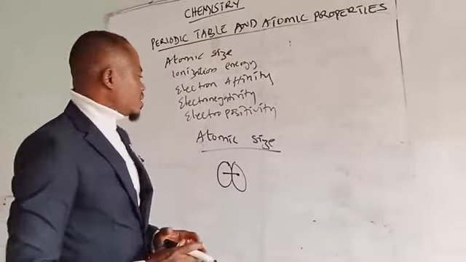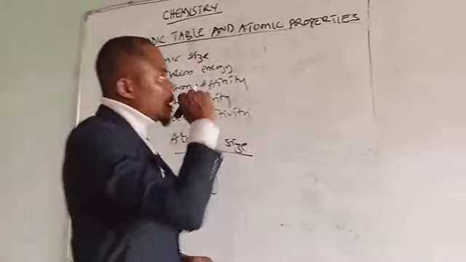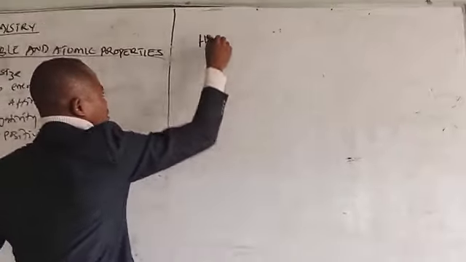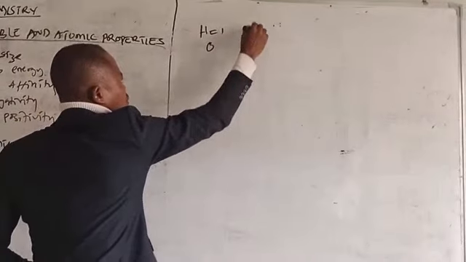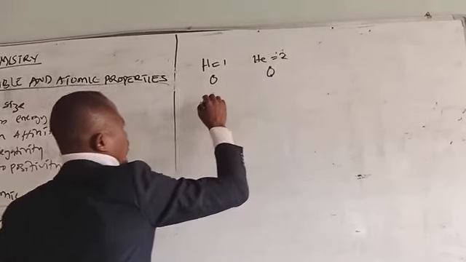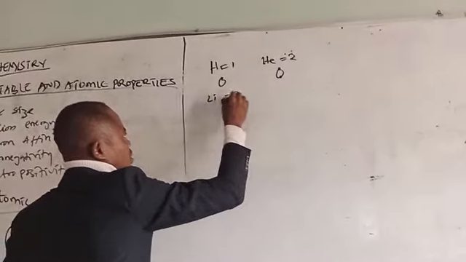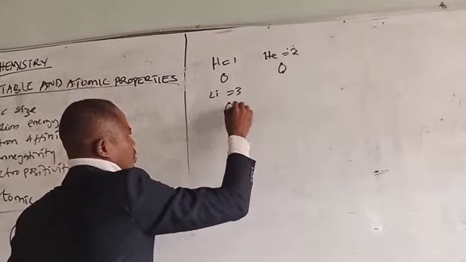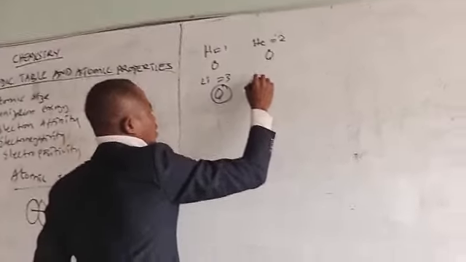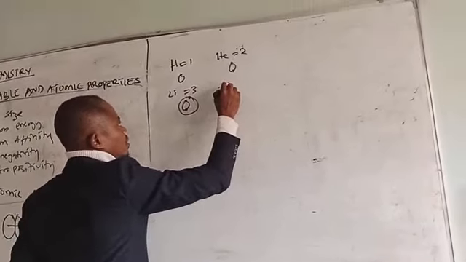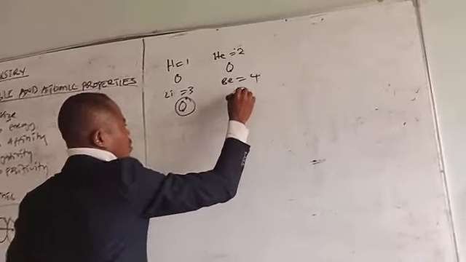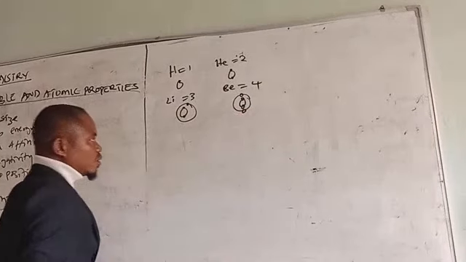Now, let's look at these configurations. In group 1, we have hydrogen 1. In group 2, we have helium 2. Now in group 1 again, we have lithium 3. Here we have beryllium 4. In period 2, please look at the periodic table that we just arranged.